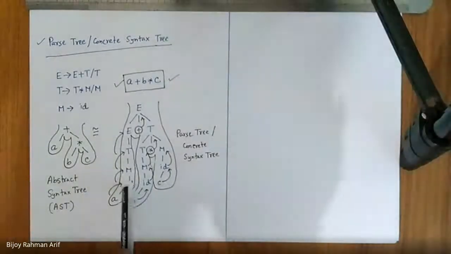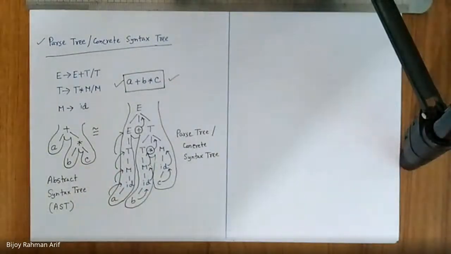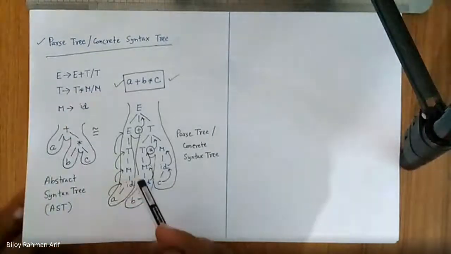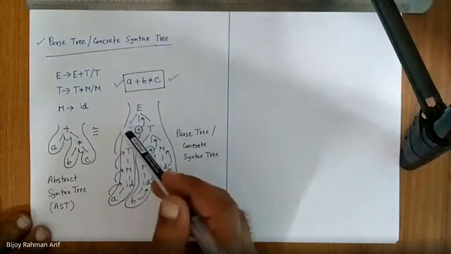Again, ID is derived to M. On the right hand side, there is only one single variable or terminal. So that's why I'm passing whatever the current value of the right hand side is to the top level. This way I will continue.